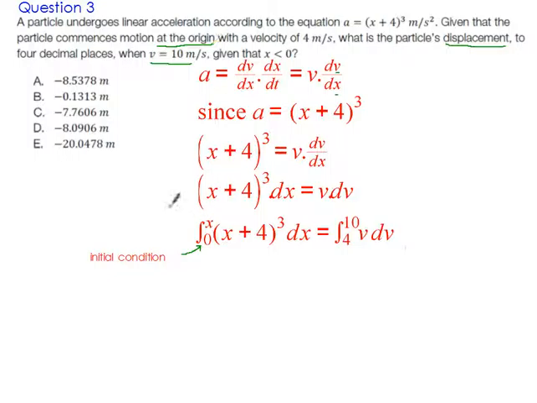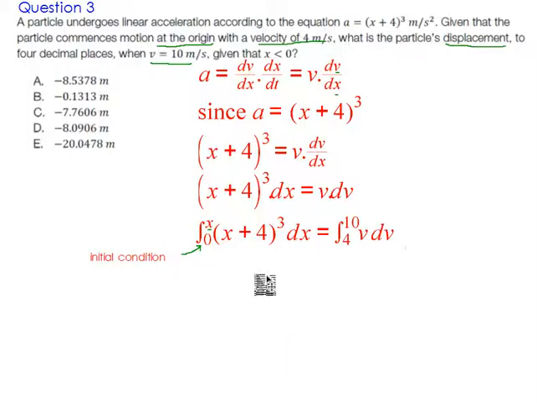That means x is 0 at the origin. And then the particle's velocity at the origin is 4 meters per second, that's this bit here. And then in the future we want to know what the displacement is when v is 10.